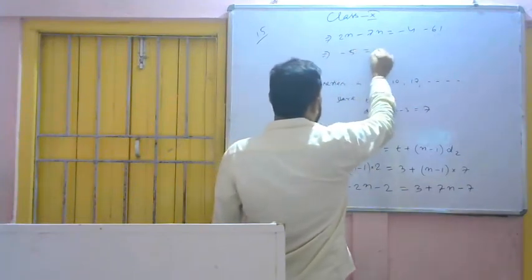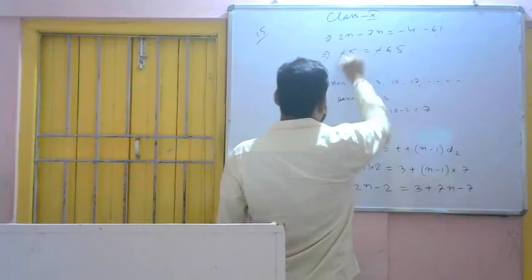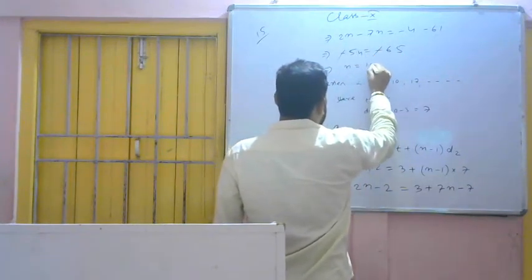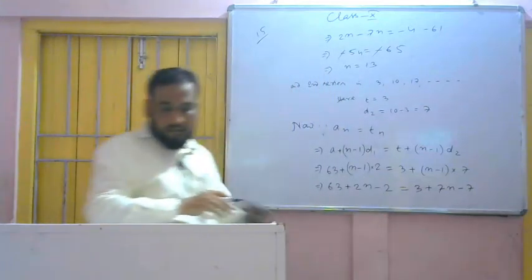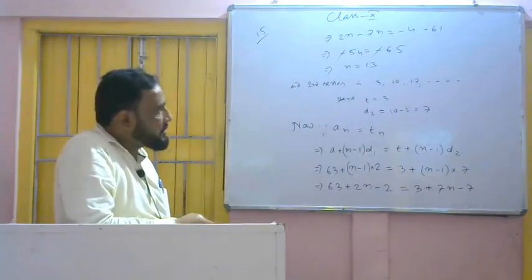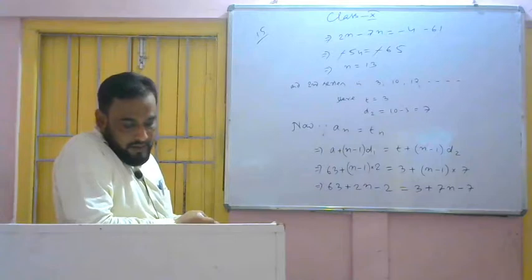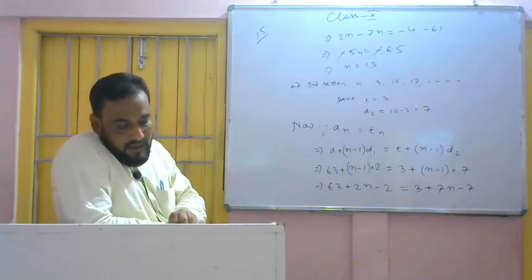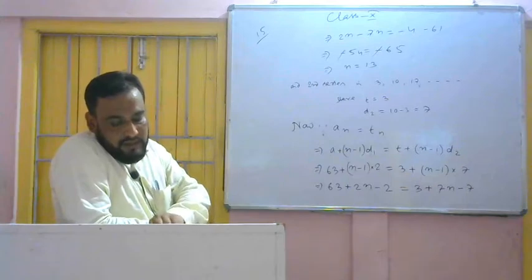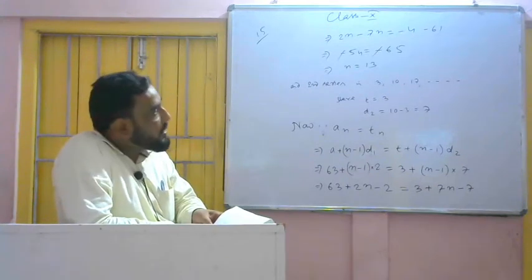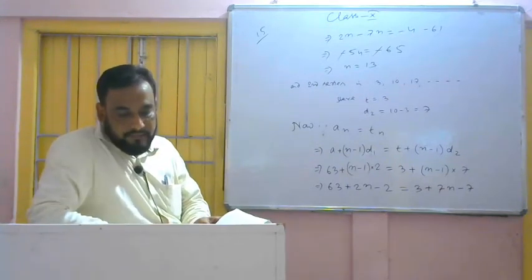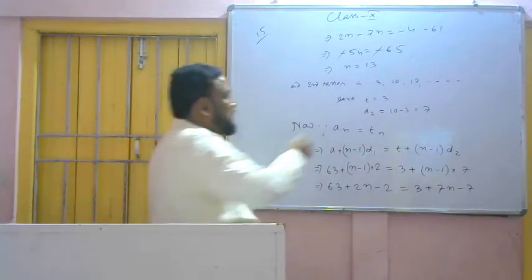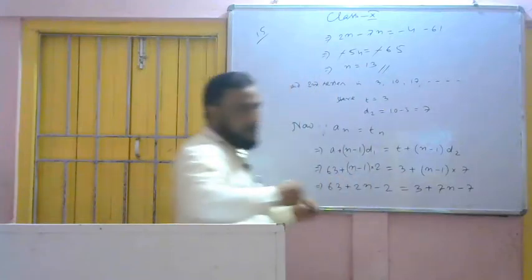Minus 5n is equal to minus 65, n is equal to 13. I said I will give some hints, but later on I have completed it. So, for what value of n are the nth terms of the two series equal? Here the answer is 13. So, the value of n is 13 we got.